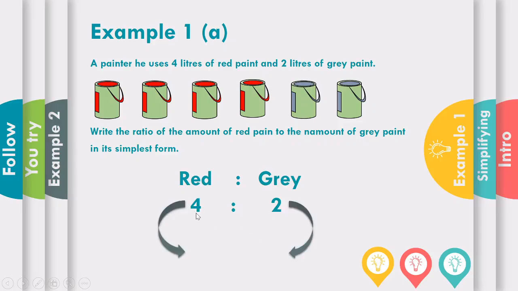If I do that, we can write this ratio more simply. If I divide by 2 on each side, 4 divided by 2 gives me 2, and 2 divided by 2 gives me 1. For every 2 litres of red paint, I've got 1 litre of grey paint. I've got 2 litres of red paint to 1 litre of grey paint. I've got another 2 litres of red paint to 1 litre of grey paint. And that is my ratio in its simplest form.